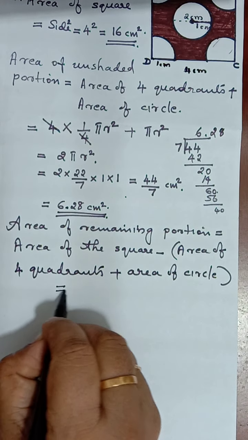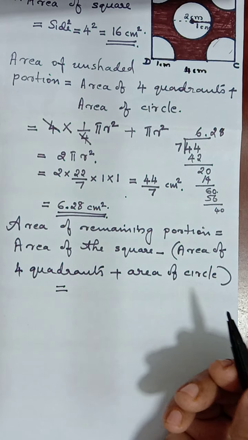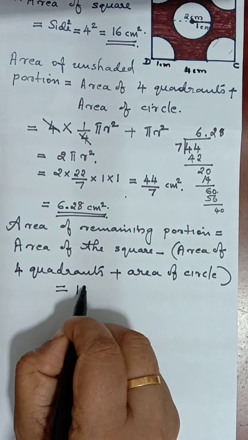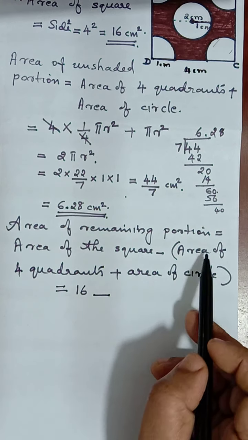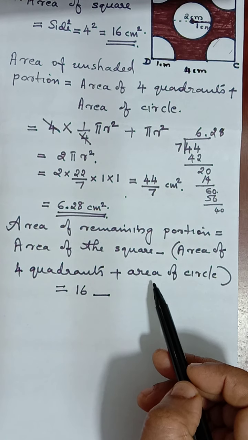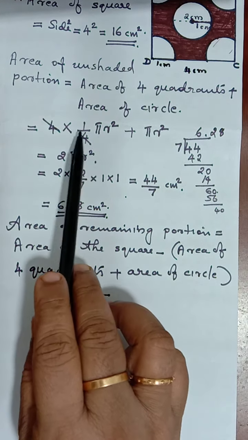Okay, so here we have the values. Area of square we have found out, that's equal to 16 cm square, minus these two things together, which we have found out: the area of 4 quadrants and the area of the circle.